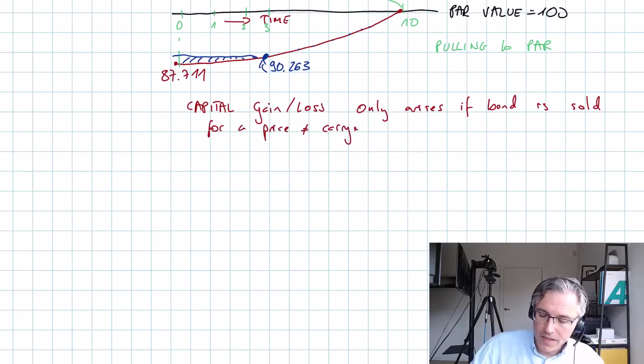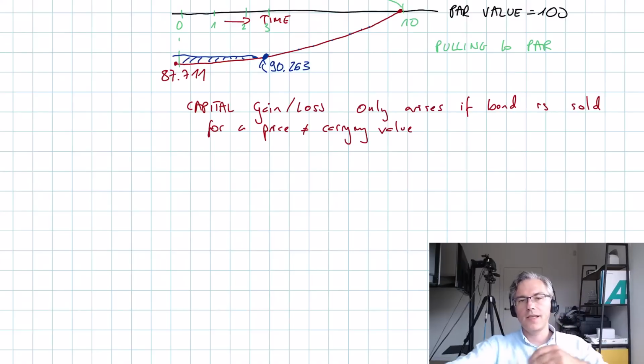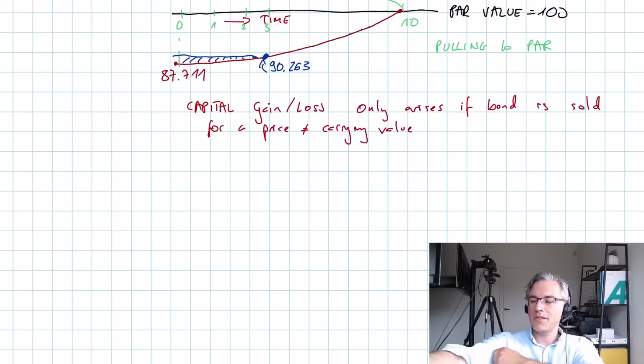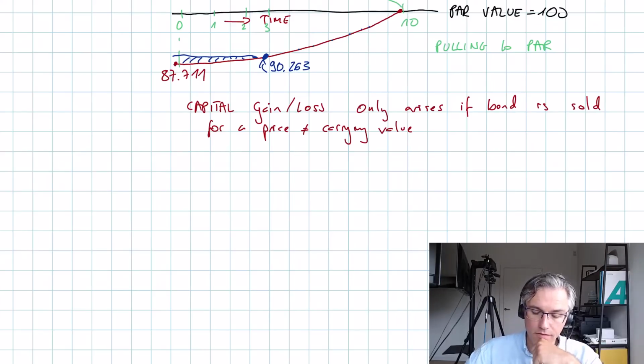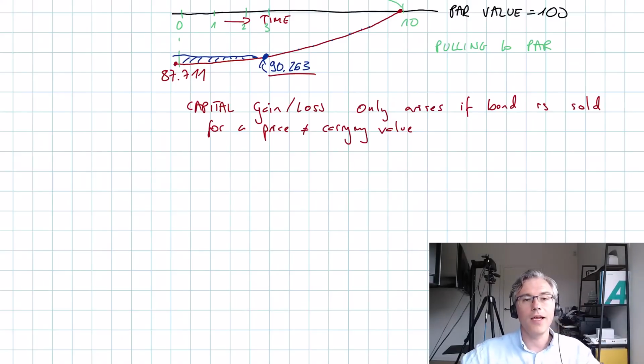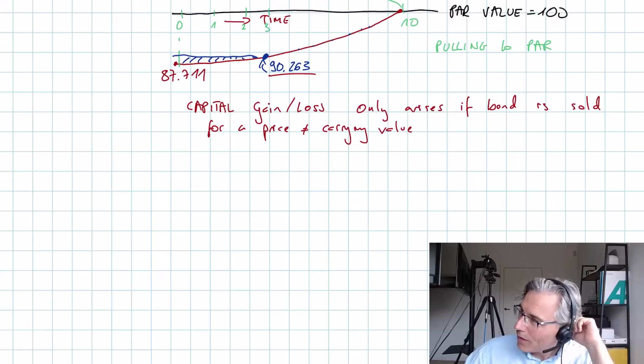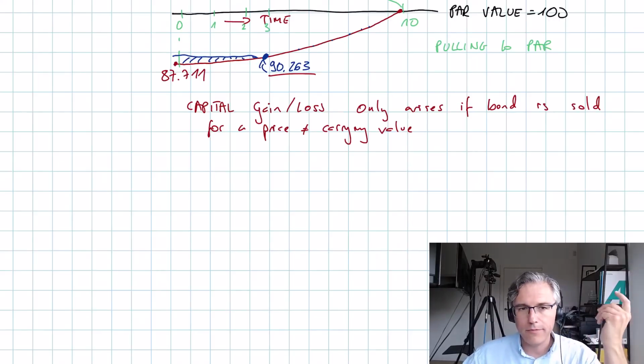We often mistakenly assume, sometimes candidates in the CFA exam, if asked in the fixed income section for a computation of the capital gain or loss, they think, okay, the bond was bought for 87.711, it was later sold for a higher price, 90.263, hence there is a capital gain. Well, that's not the way it works in bond mathematics.